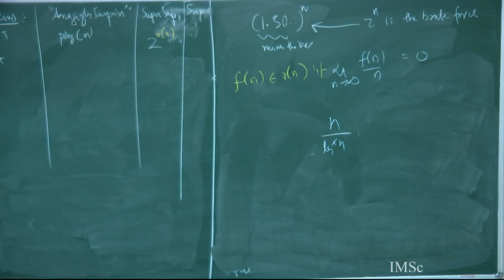I do not have any restriction on the length of the clauses. It could be anything. So when I say L-SAT, every clause has length bounded by L. 3-SAT, every clause length is bounded by 3. 15-SAT means every clause is bounded by 15. But when I say SAT, I have no restriction.